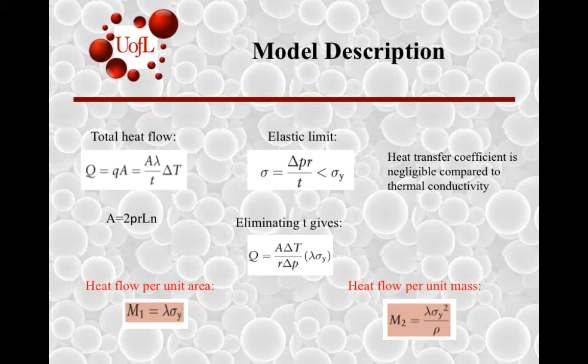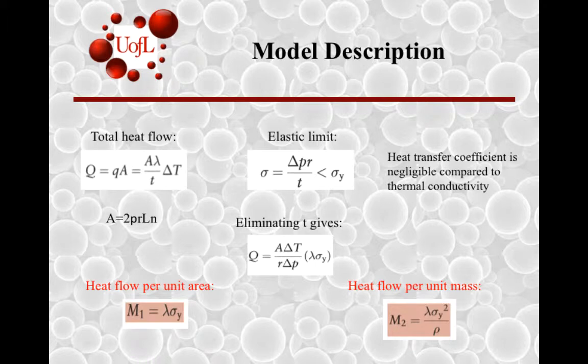For the material indices, you can ignore the area, the temperature difference and the pressure difference, because they're not material dependent. So you end up with thermal conductivity multiplied by the elastic limit, and that's for unit area. For unit mass, you have to square the elastic limit, because it depends on the wall thickness and density.